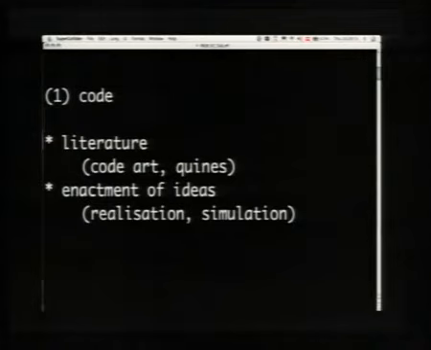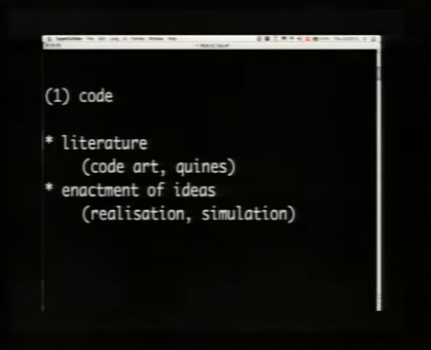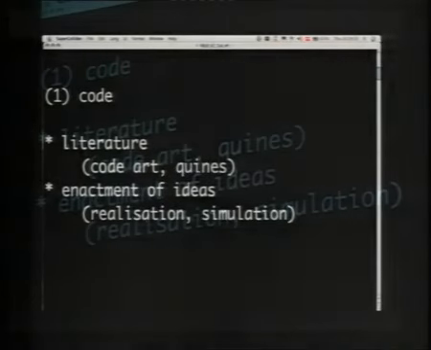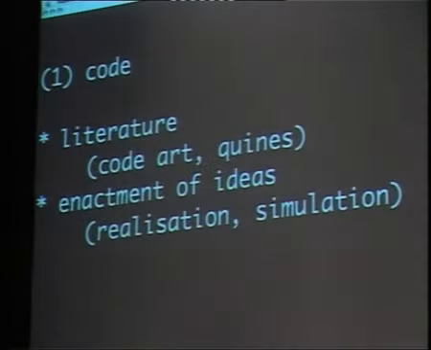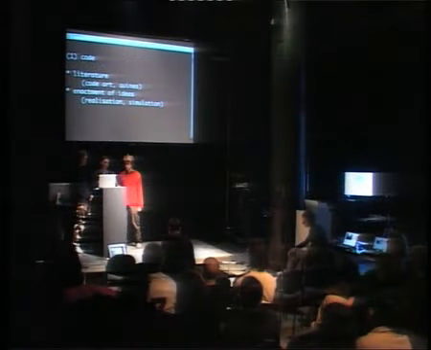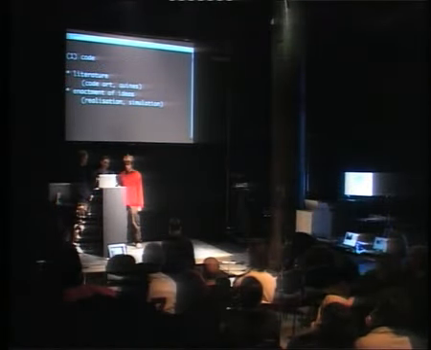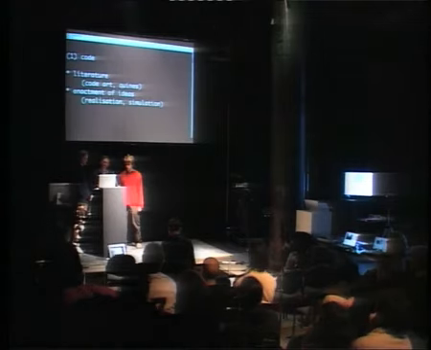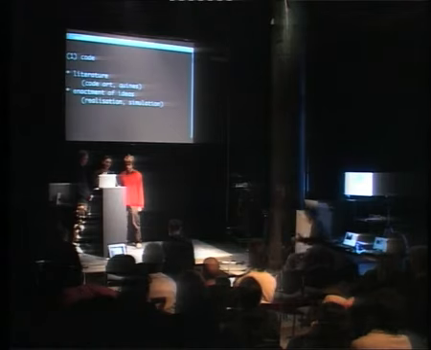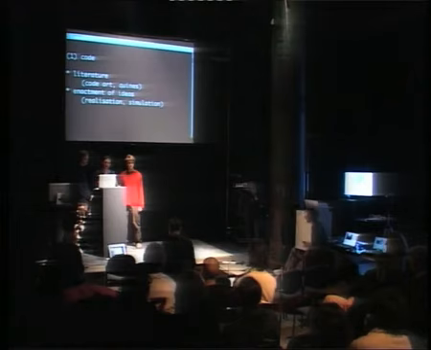So when you consider the role of code, traditionally code tends to be technical solutions to mathematical problems. Instructions for machines or tools to do tasks for you. There's also an alternative view of considering code a form of literature, which you can also see in things like code art, or in Quines, which are programs that can actually write themselves back as code.